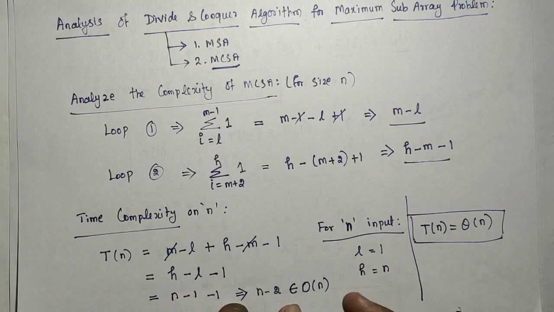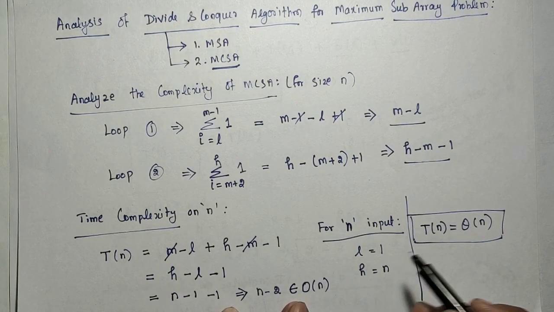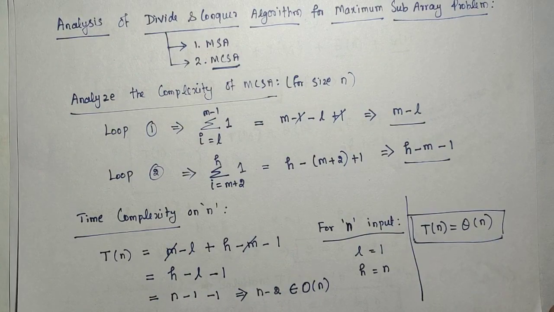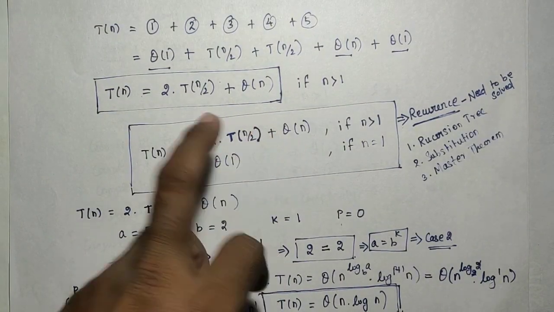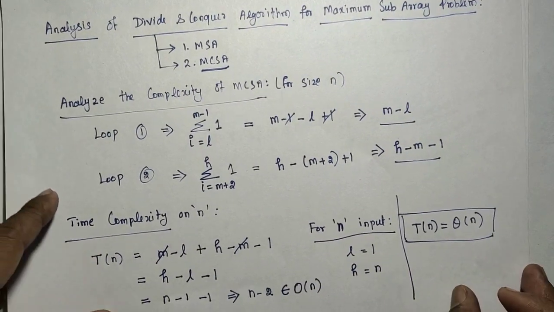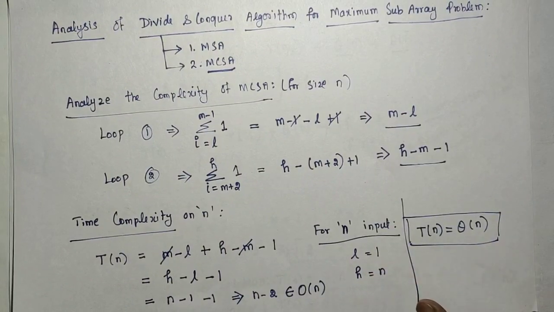Don't confuse O of n with theta of n. You can write either O of n or theta of n. We write theta of n because it needs to be represented in the recurrence format. There is no need to prove the lower bound separately, since this covers the upper bound and also the lower bound.